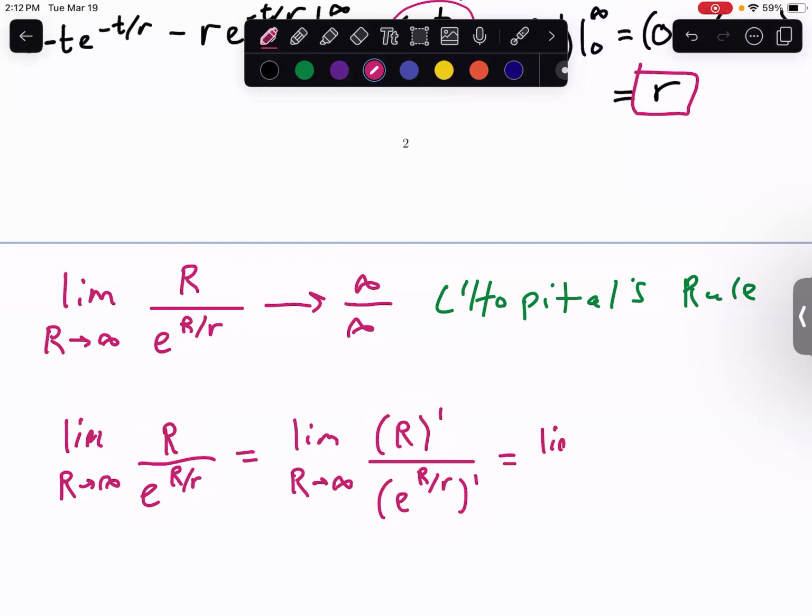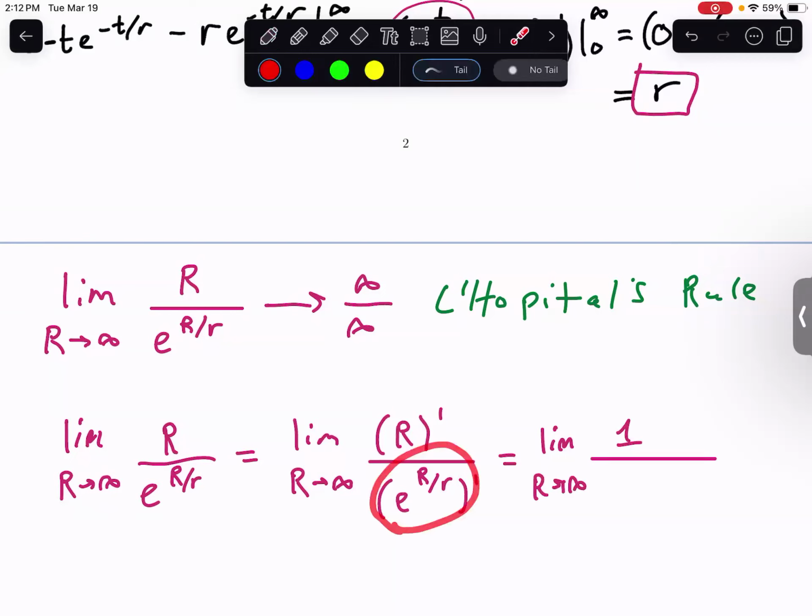So this is the limit as capital R goes to infinity of 1 over the derivative of this function. The derivative of e to the capital R over r is just 1 over lowercase r, times e to the uppercase R over r.